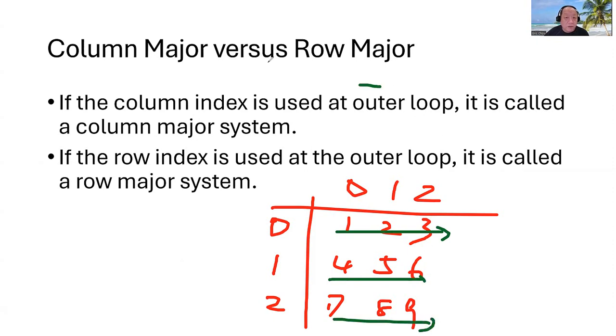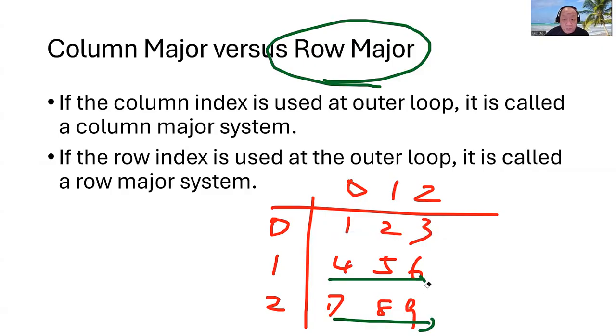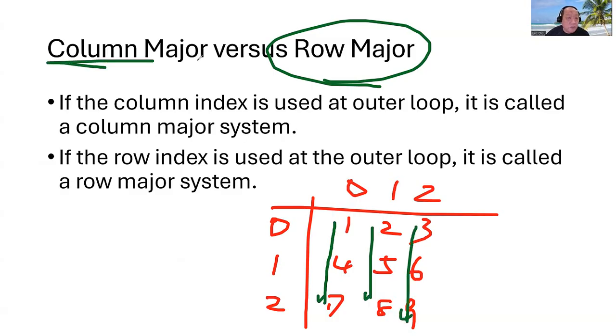By doing this, we call it row major because you go over the row first. Now, if you go over the column first, this column, this column, this column, we call it column major. Column major means you go vertically first.